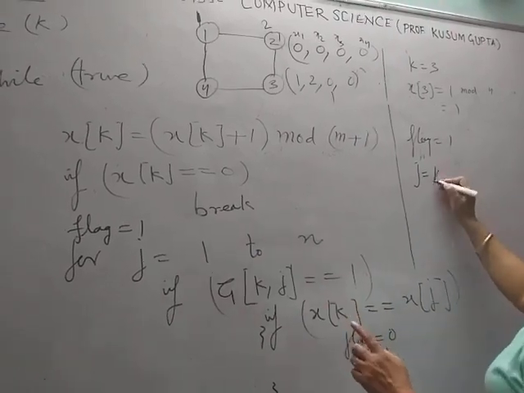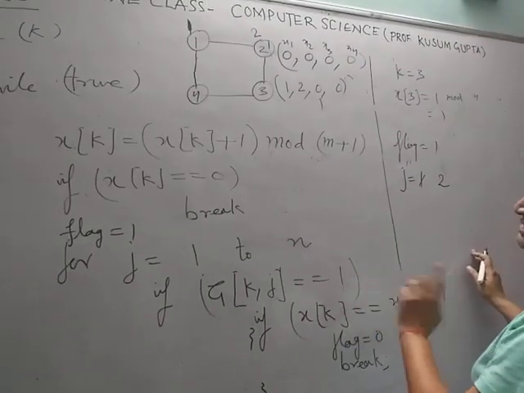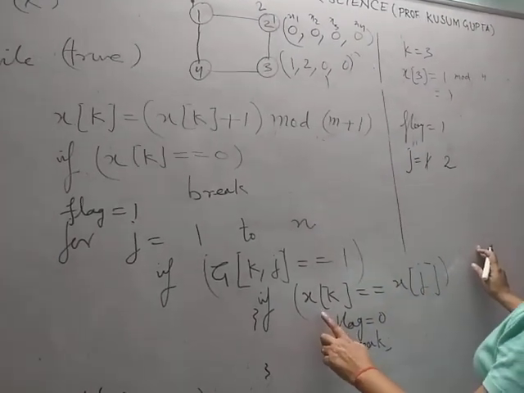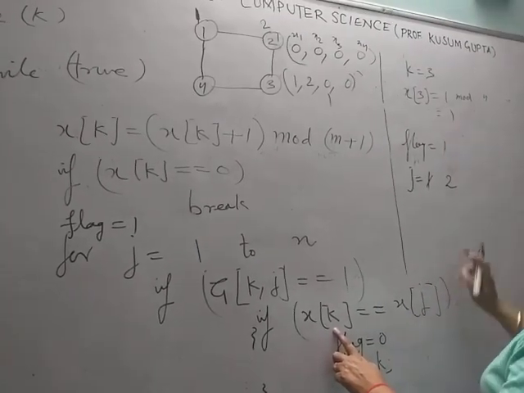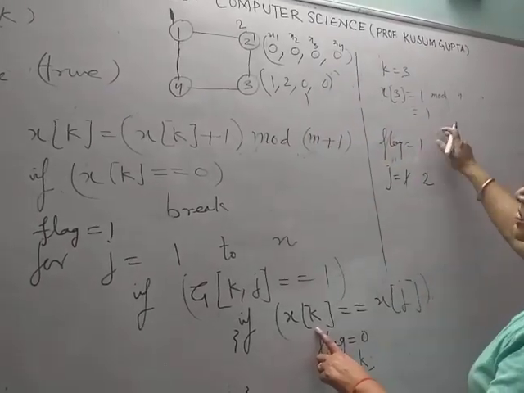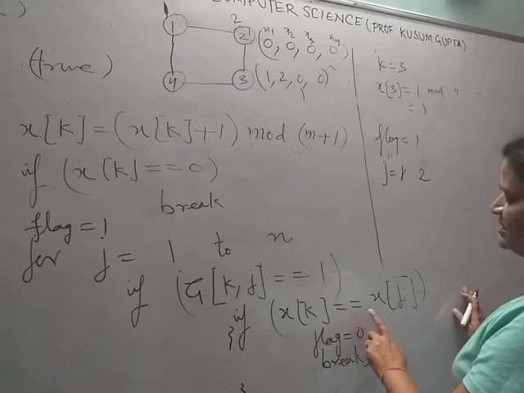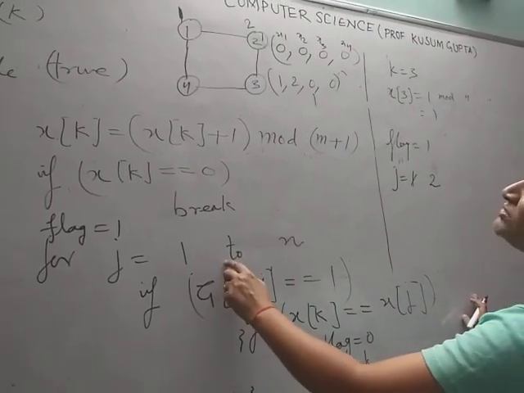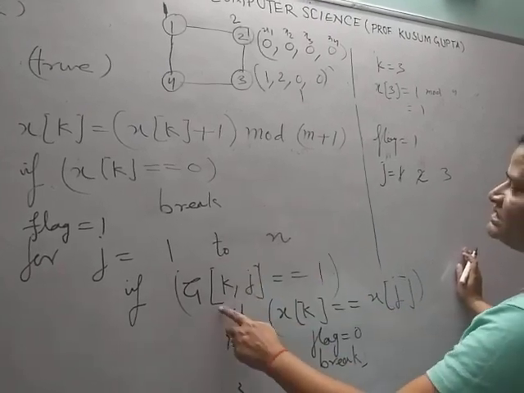Again, the value of j is 2. 2 and 3 are adjacent. So here x3 is 1 and x2 is 2. Both are different. Okay, so the condition is false. Again, the value of j is 3. Okay, so 3 is not adjacent.